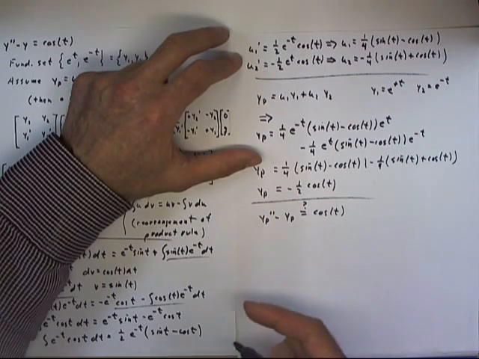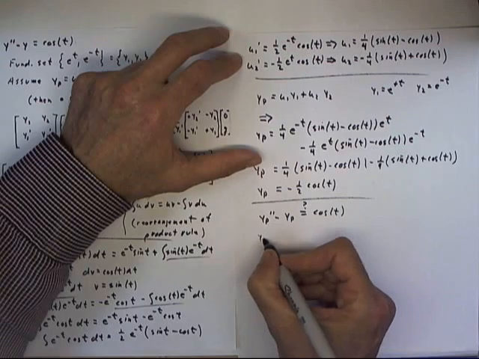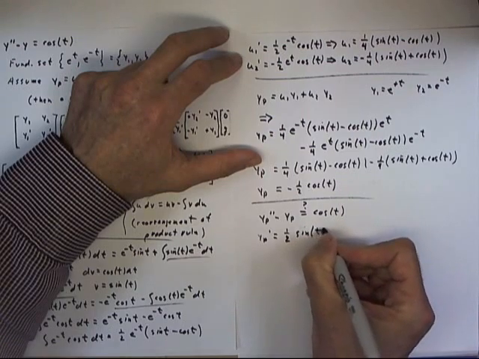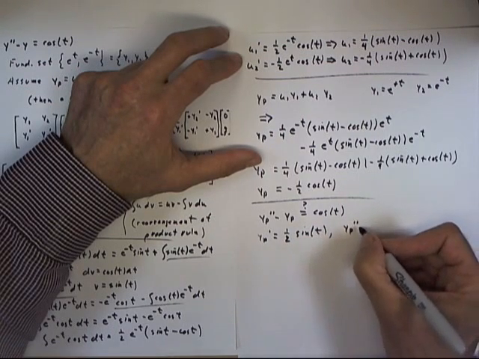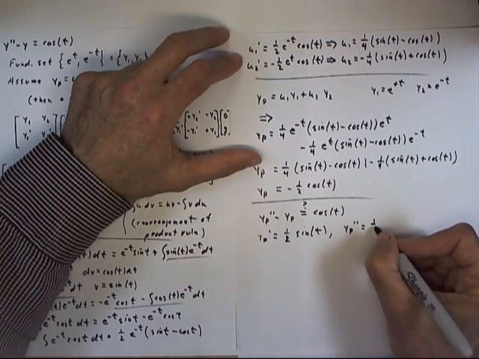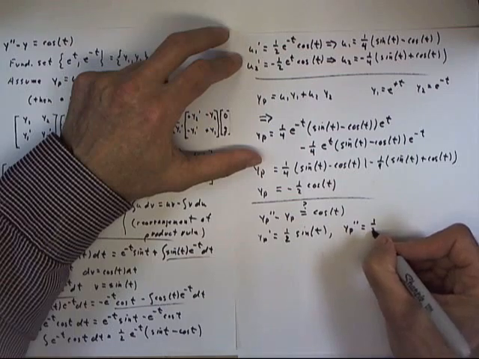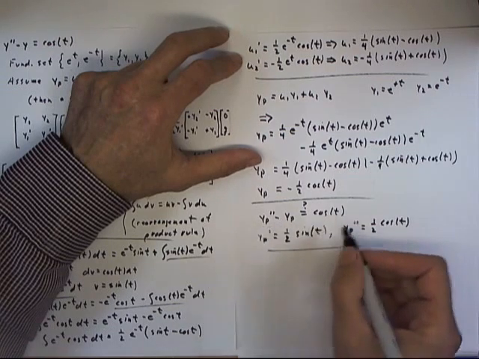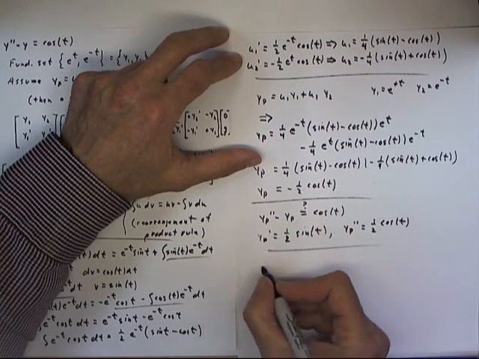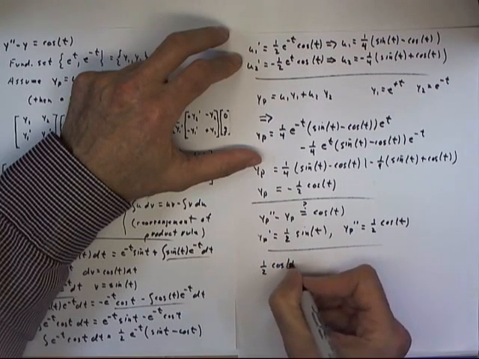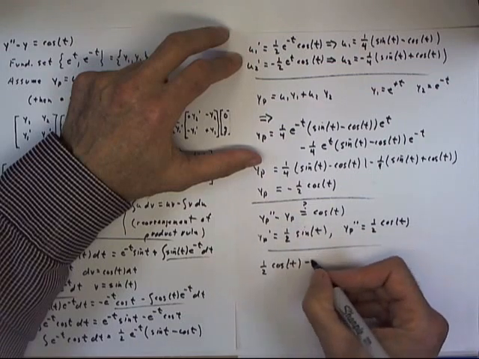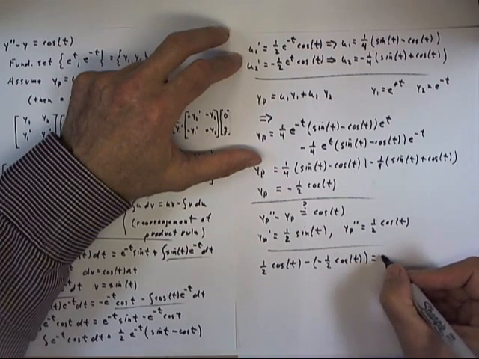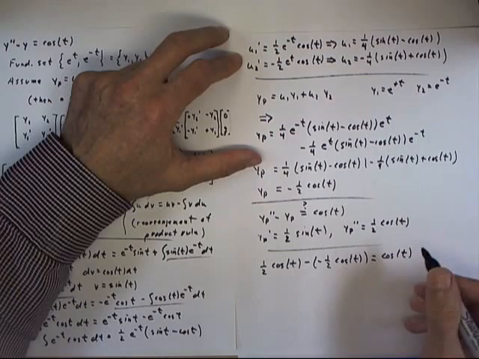Well, if yp is negative 1/2 cosine of t, yp prime equals 1/2 sine of t, so that yp double prime equals 1/2 cosine of t, and we get yp double prime, 1/2 cosine of t, minus yp, which is minus negative 1/2 cosine of t, equals cosine of t.